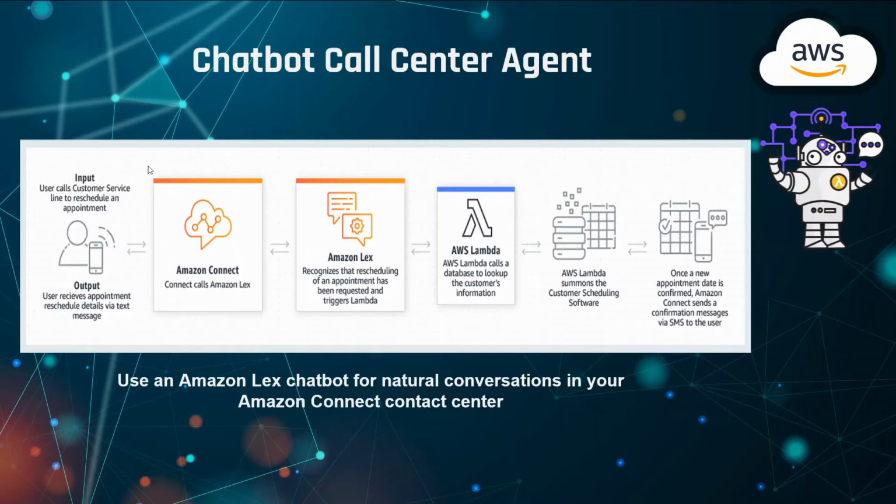So once we publish our chatbot, we are going to add the chatbot in our AWS Connect instance, and also create a contact flow. So when the user calls, for example here, a user calls the customer service line to reschedule an appointment. So here's the input, Amazon Connect. Amazon Connect calls Amazon Lex.